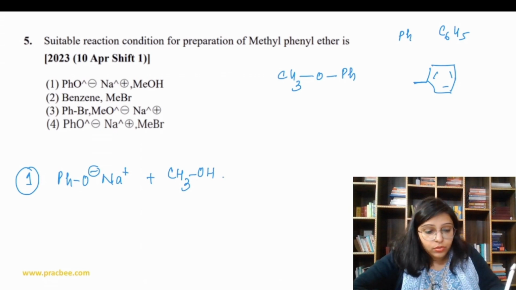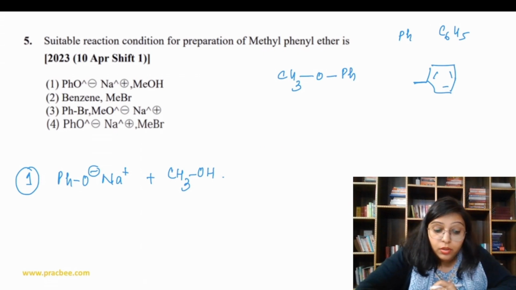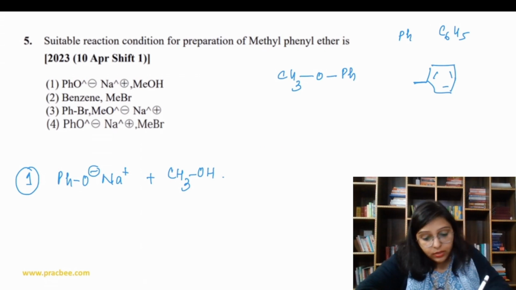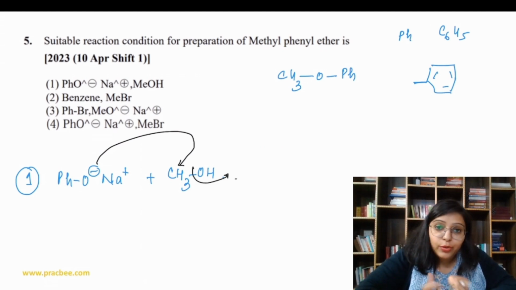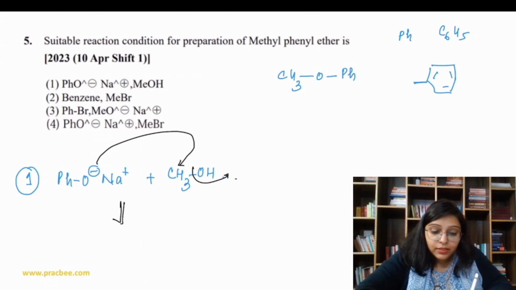Okay, so what happens? If we want to form ether, so see, O- should attack over here and this should leave now. But how do we remove this? This is not possible.